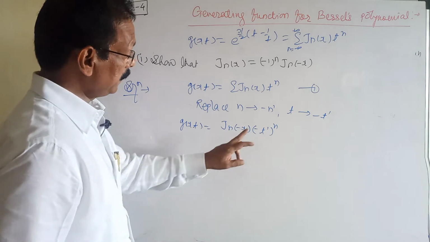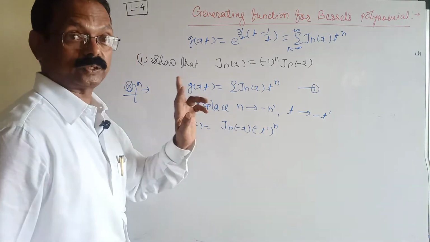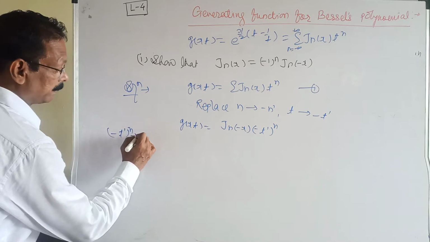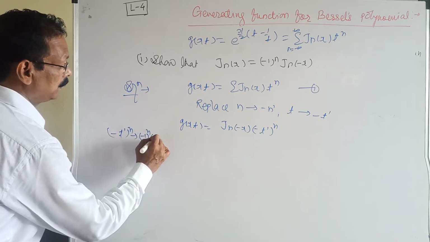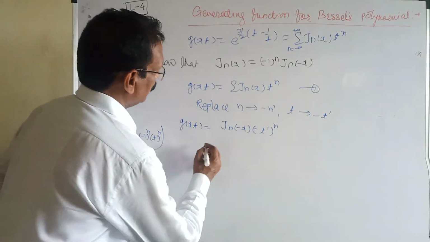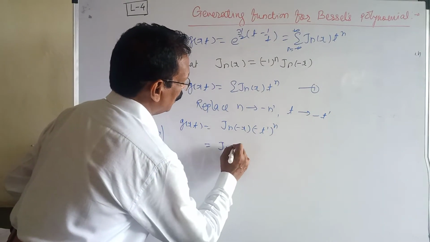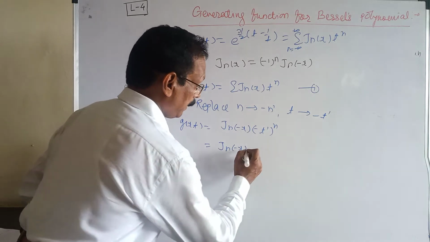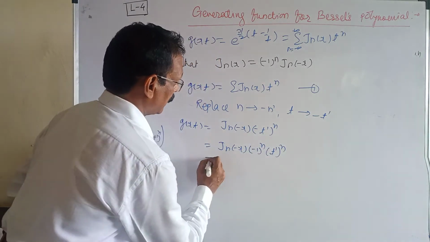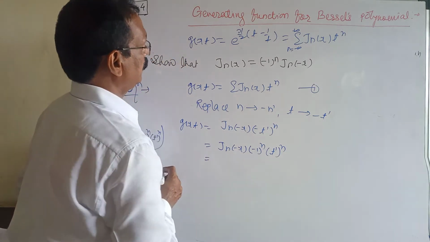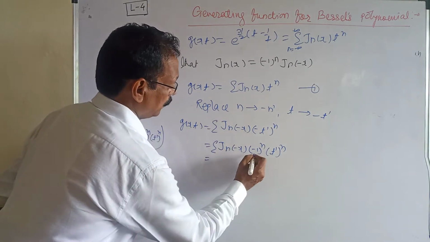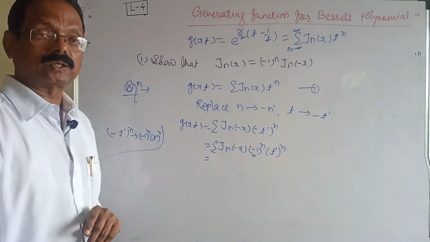But as we know, minus t dash raised to n can be replaced by minus 1 raised to n into t dash raised to n. So we can replace this. Then what we get is Jn of minus x into minus 1 raised to n into t dash raised to n. We can write it with the summation sign, and we take minus 1 raised to n outside the bracket.